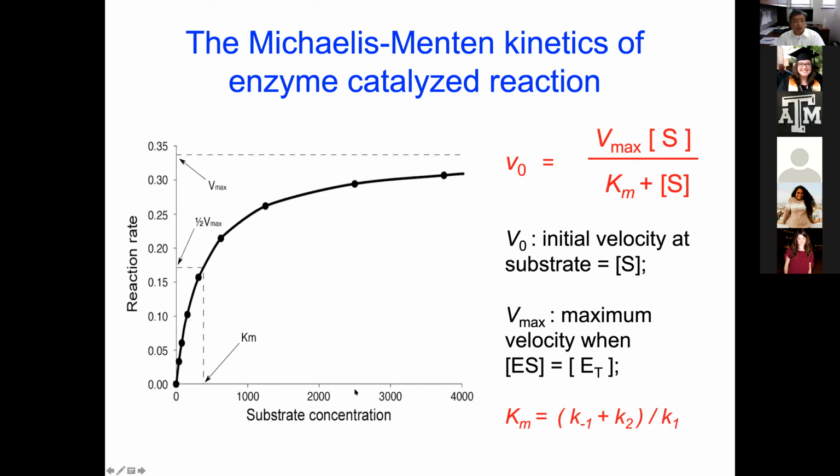There is a very interesting point to note if you look at the substrate concentration at half Vmax. If you replace this V naught by half Vmax, you immediately derive that Km equals the substrate concentration.